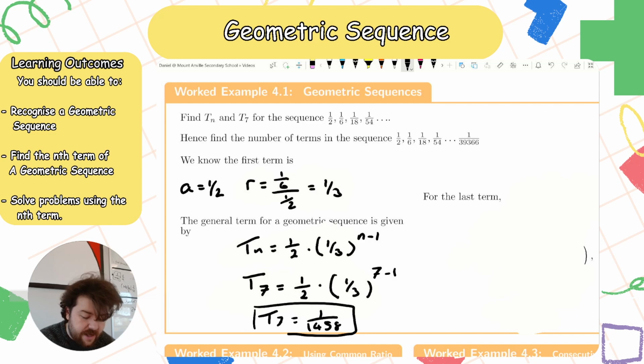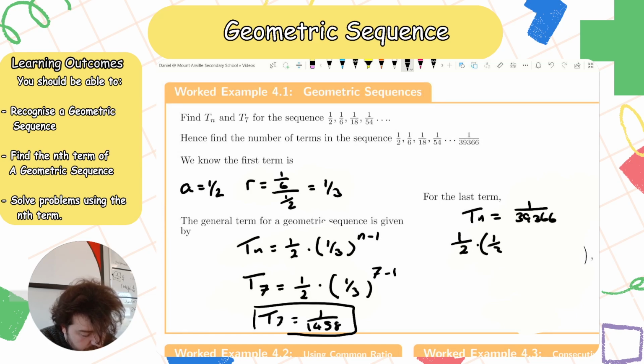Now we want to find out how many terms are in this sequence. So I'm going to let Tn equal the last term here, which is 1 over 39366. So a half times 1/3 to the power of n minus 1 equals 1 over 39366.